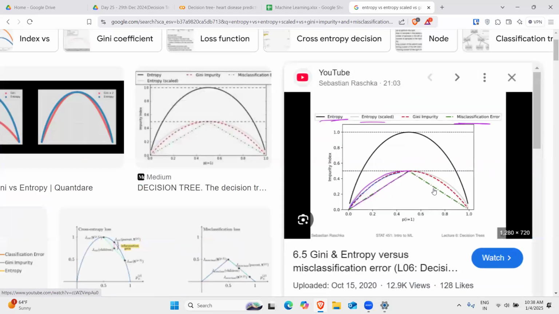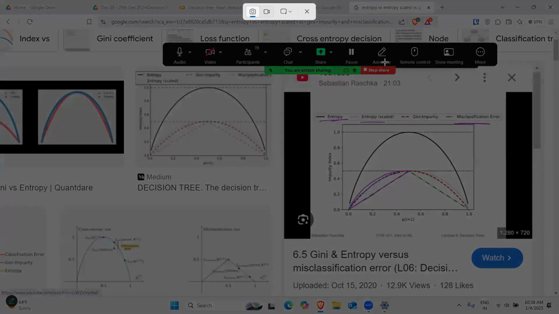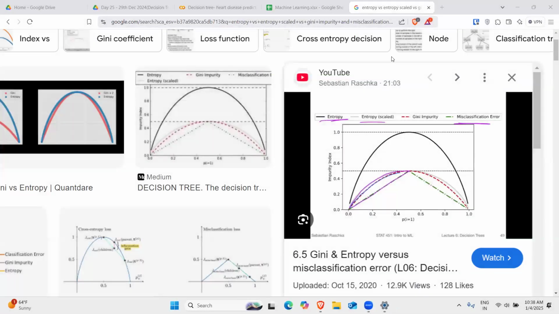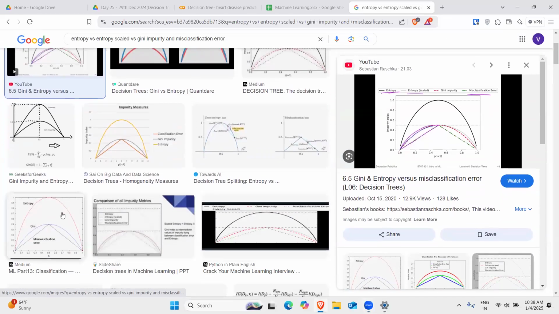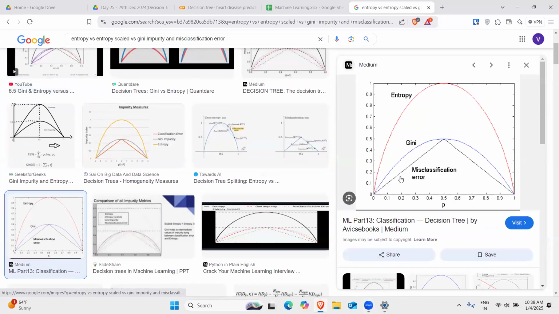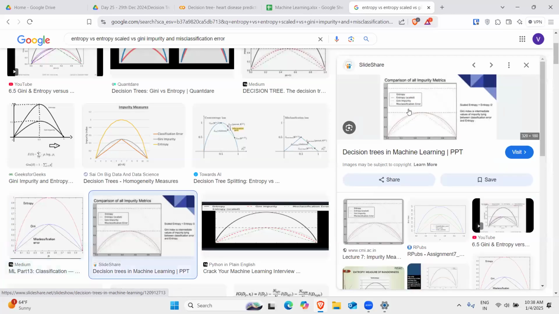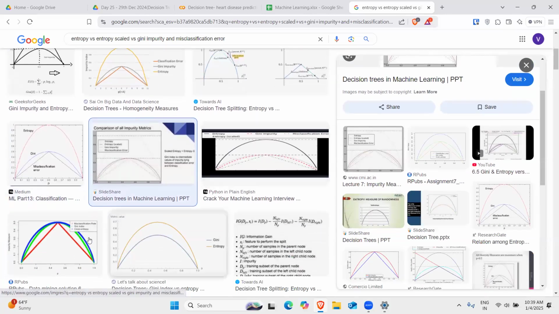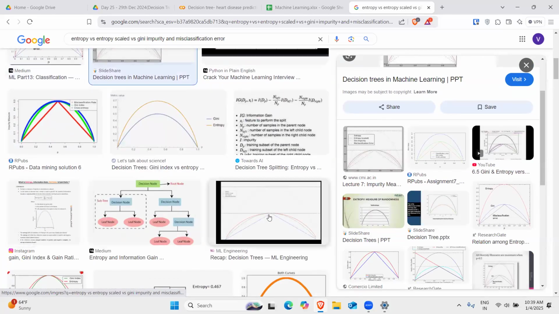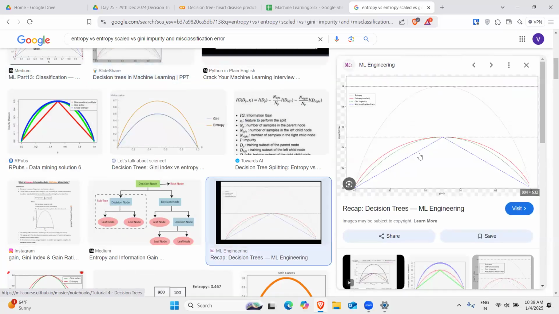Let's take this only, or entropy, and this is also something which is good.